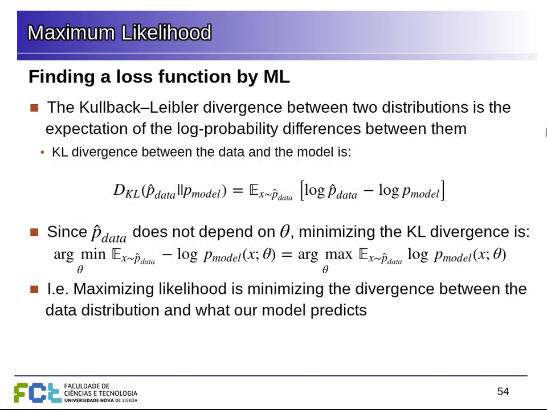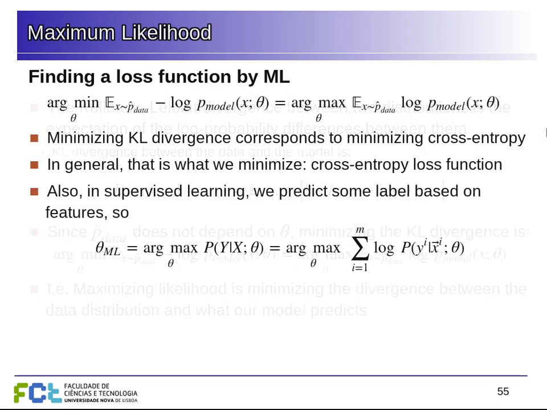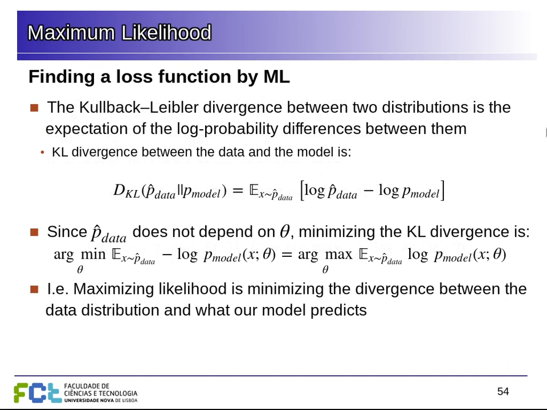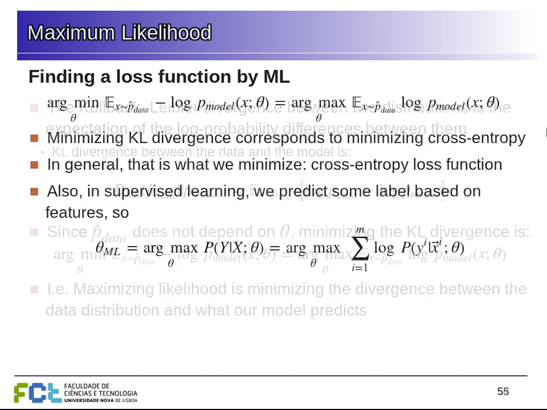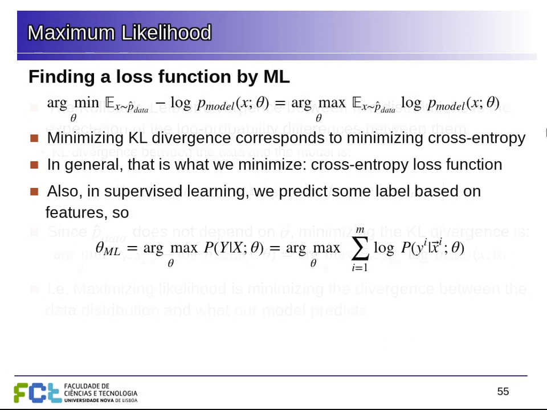And since in this divergence we can consider that the probability of the data itself is a constant, something that we are not adjusting by our model, we are only adjusting whatever our model is telling us. We can consider this to be the maximization of the probability of the model, or we can look at this as a comparison between these different probability distributions. In any case, minimizing this Kullback-Leibler divergence ends up being minimizing this product with the logarithms, which is the cross-entropy function.